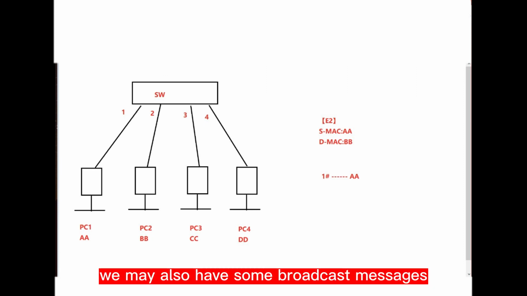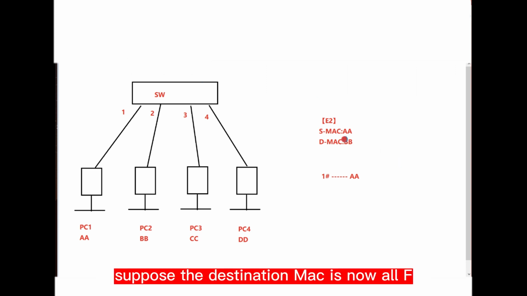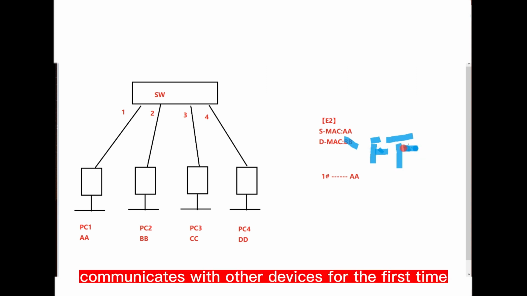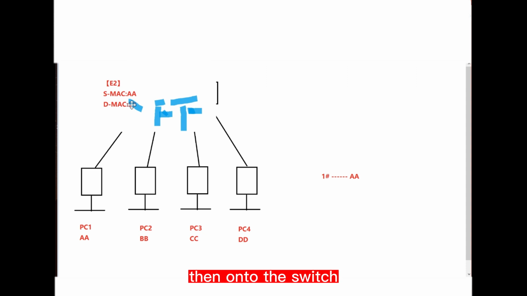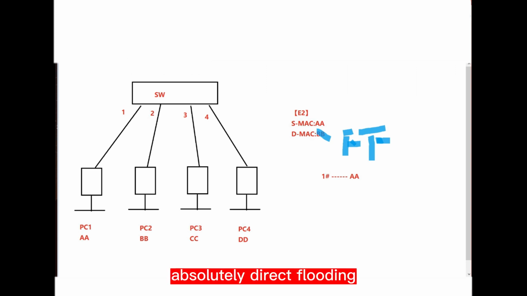We may also have some broadcast messages. Suppose the destination MAC is now all F. When PC1 communicates with other devices for the first time, but doesn't know the MAC of the other devices, it has to send an ARP broadcast, which goes to the switch. The switch has received a broadcast data, so there is no need to think about it: it floods directly.